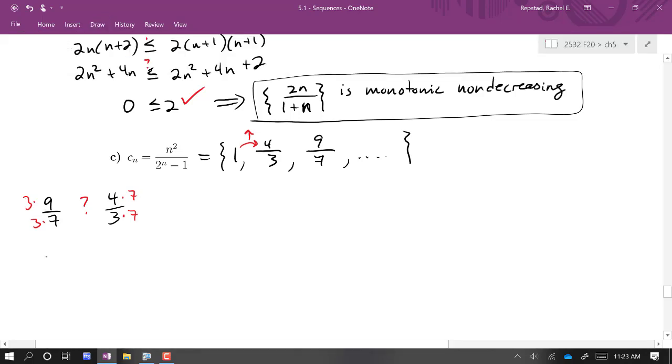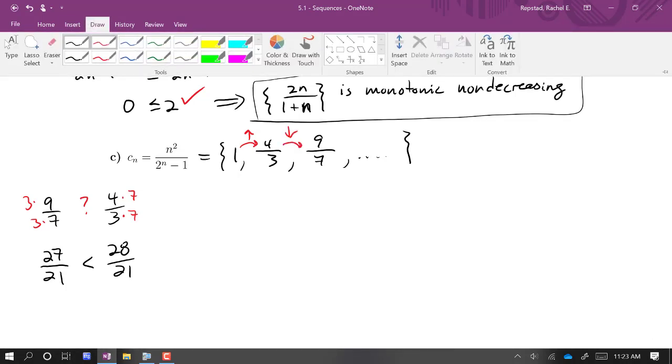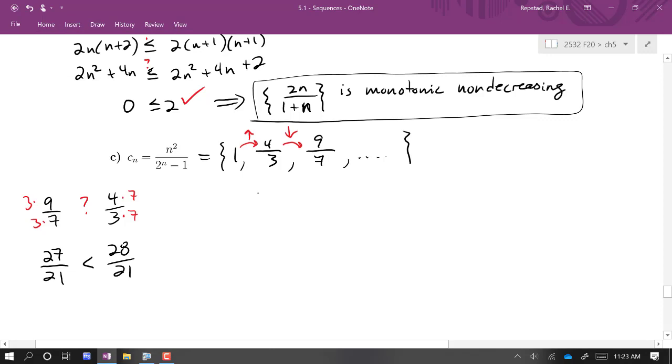So 3 times 9 is 27 over 21. 4 times 7 is 28 over 21. 27 is obviously less than 28. So this is a decrease. And so we're done. There's not any more work to do except to say that the sequence is not monotonic.